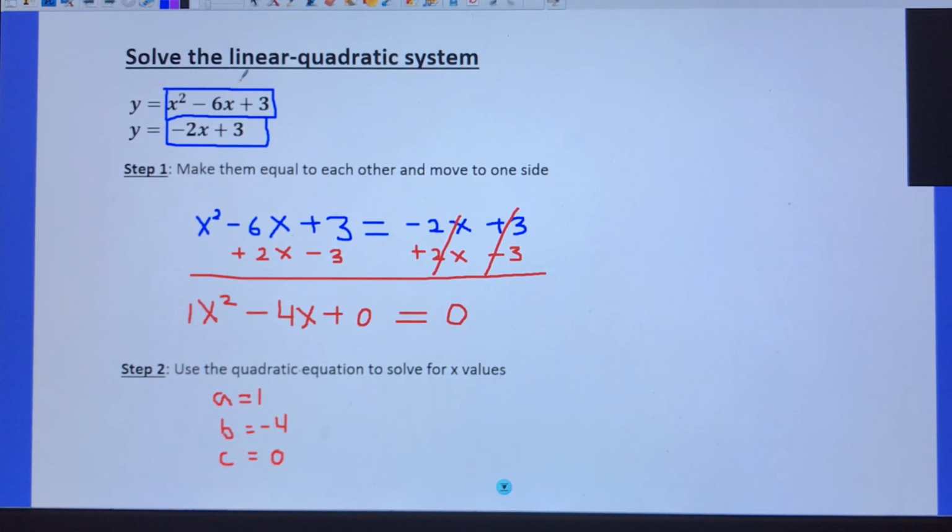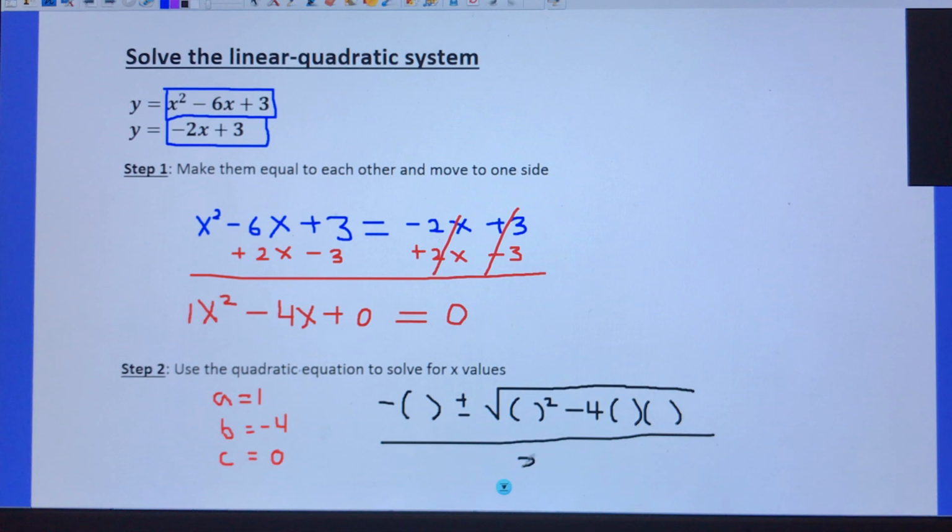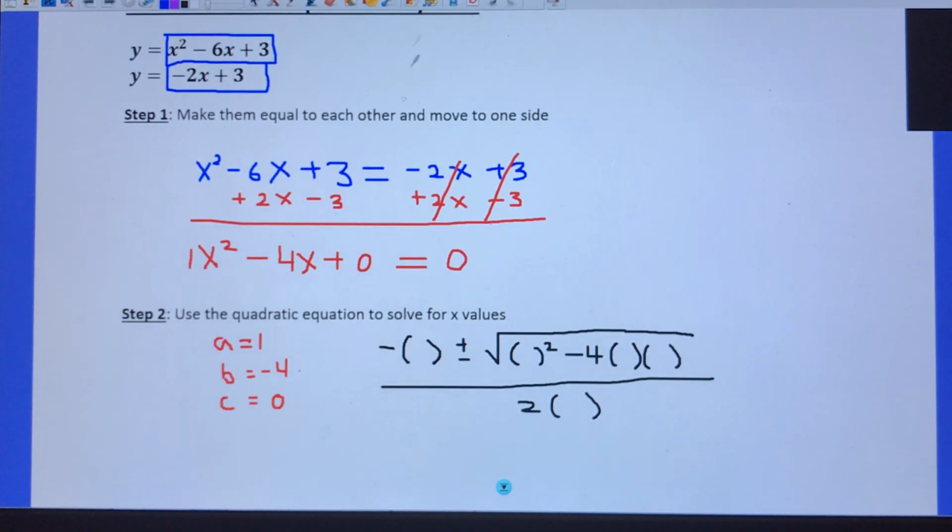You've got to sit there and do the quadratic equation. Remember, it's negative b, so negative parentheses, plus or minus the square root of b squared, so parentheses squared, minus 4ac, over 2a. If you forget, just look at your previous lesson for the equation.